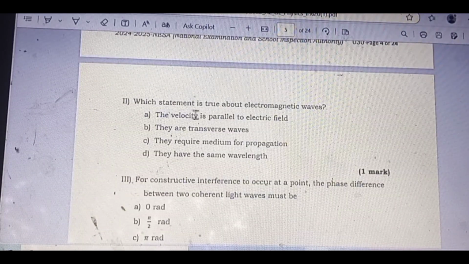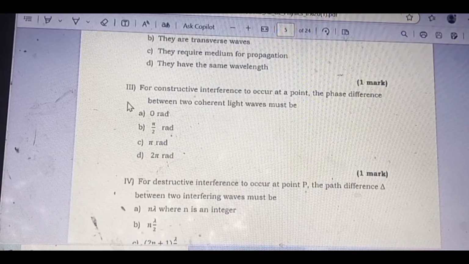II. Which statement is true about electromagnetic waves? The best option is B. They are transverse waves. III.